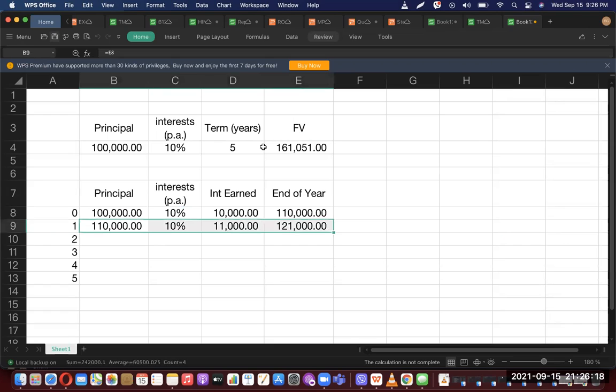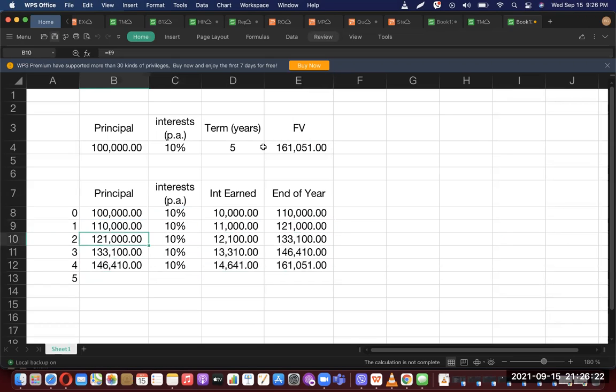And if you continue like this for the next 5 years, we will have the first, the second. Since we start with zero, this is the beginning, so zero.